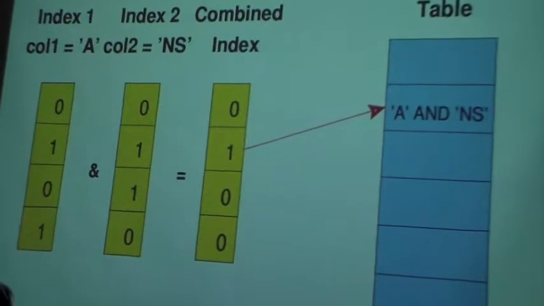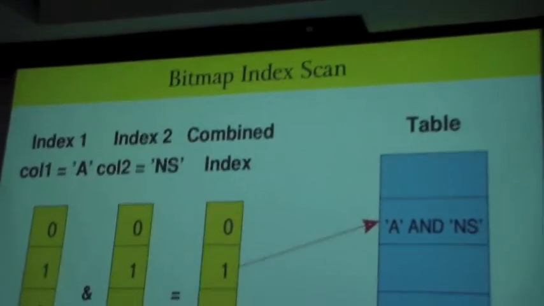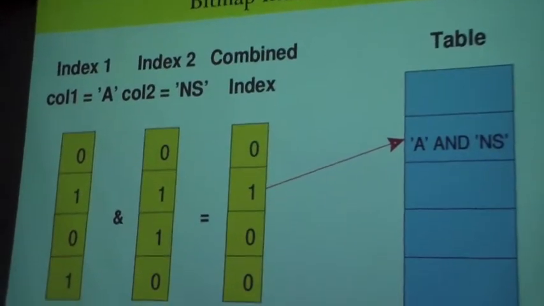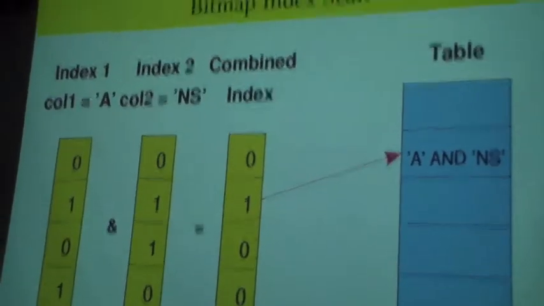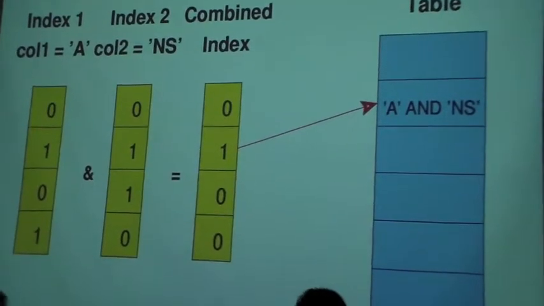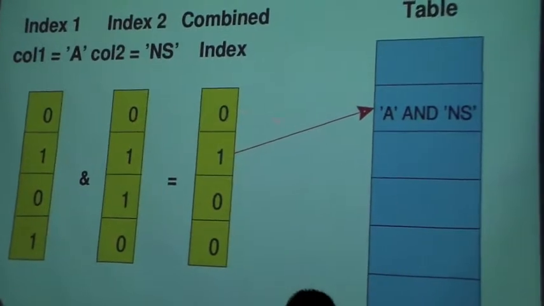I put a 1 every place I can and a 0 any place I'm not going to find it. So instead of doing 4 accesses, I go through the index once, it makes a little bitmap, and then I walk through the bitmap. This is probably overkill for this case, but because there were 4, it decided to create a bitmap and use that to aggregate all the lookups into the heap.